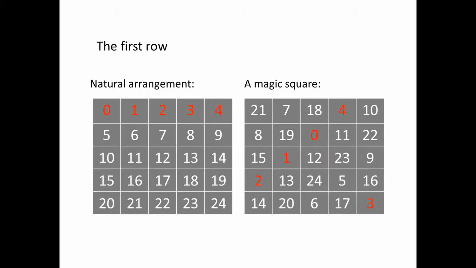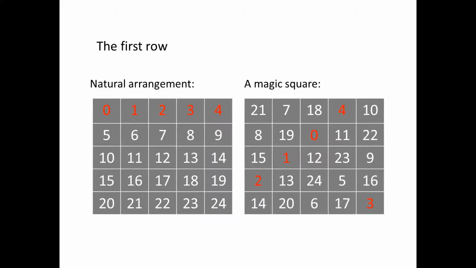The first row, 0, 1, 2, 3, 4. You see, in the magic square, they are all in different rows, different columns. But at this moment, let's take a look at the pattern. I'm going to use the pattern to derive the algorithm of generating the magic square.